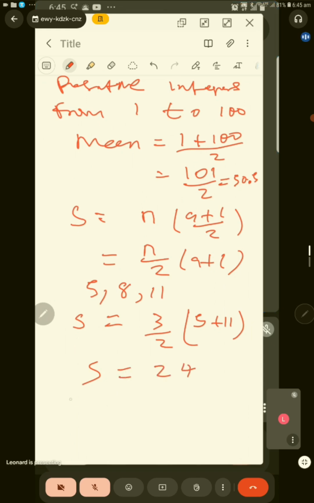Next to this formula is another formula. Sum is n over 2 bracket 2a plus n minus 1 d.